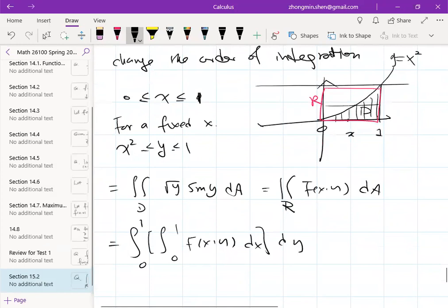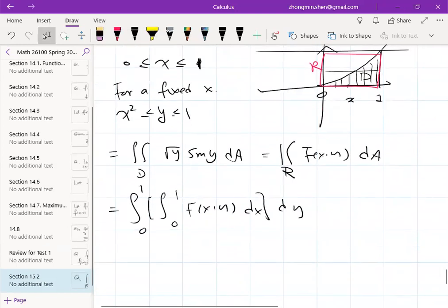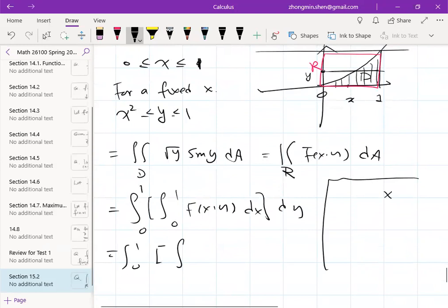And then using the horizontal line, let's see, what do we get? So I have to write down something like that. So the y variable is between 0 and 1.